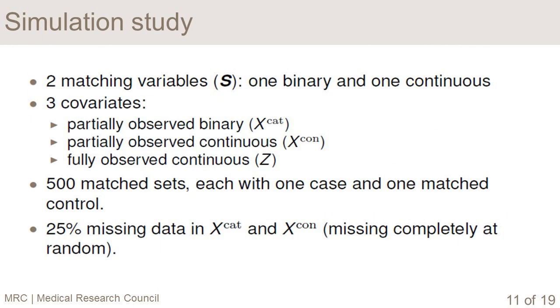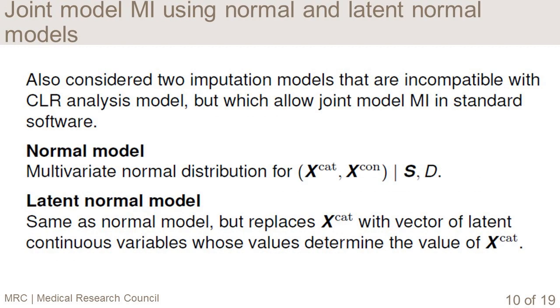Now, slide number 10. So the other two methods, the other two imputation models that we considered, are not compatible with the analysis model, but they have the advantage of allowing joint MI in standard software. And we thought that maybe by using joint model MI instead of FCS MI, these methods might be more effective.